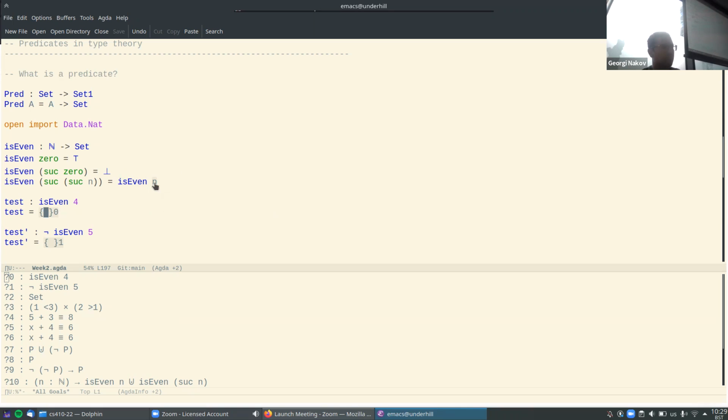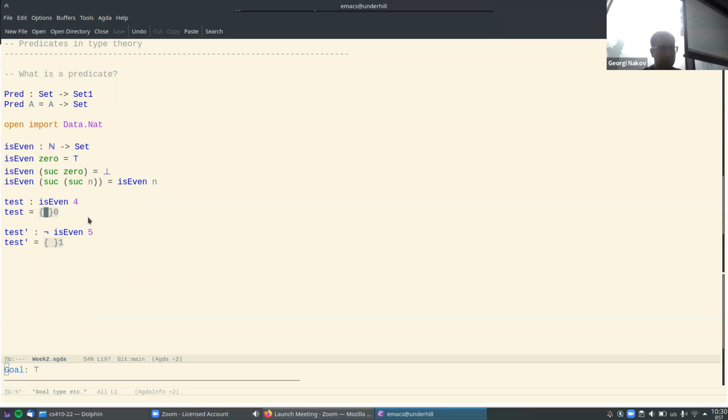So is even, that's a function, and we're going to make use of that function. You can see here, our goal was is even 4, but Agda is actually running that program. 4 is Arabic notation for suc suc suc suc 0.